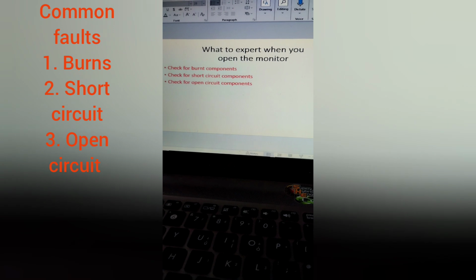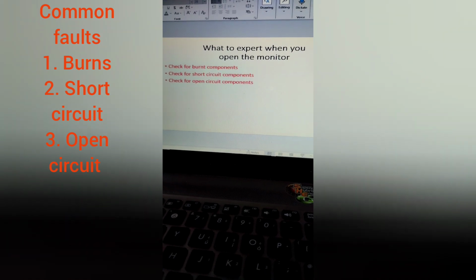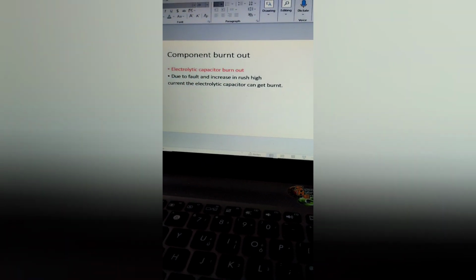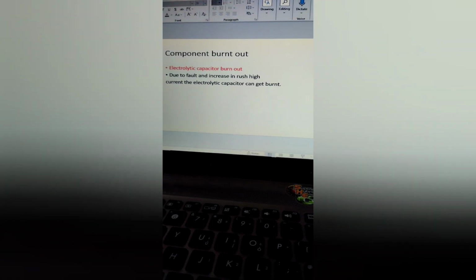Having said that, there are a number of things to look out for. Okay, the bent out components. A transistor can bend out, a resistor can bend out, a capacitor can bend out. There can be MOSFETs that can also bend out.